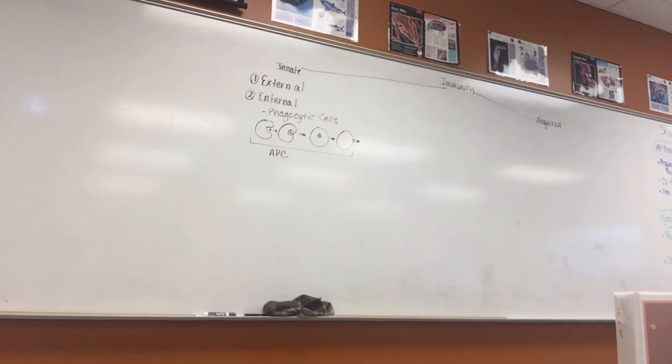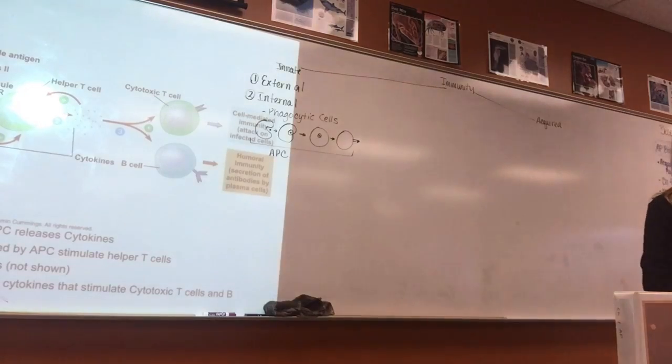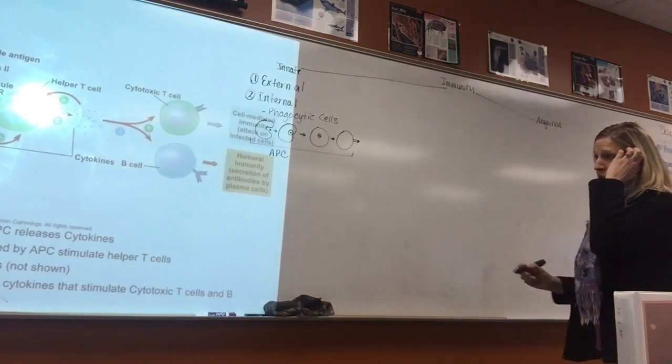And there are different kinds of antigen-presenting cells. I'll pull up some pictures here as we talk about it. As we go through, I'll relate these to some of the diagrams that we talked about in the notes.